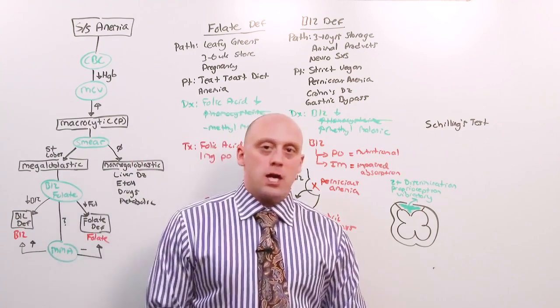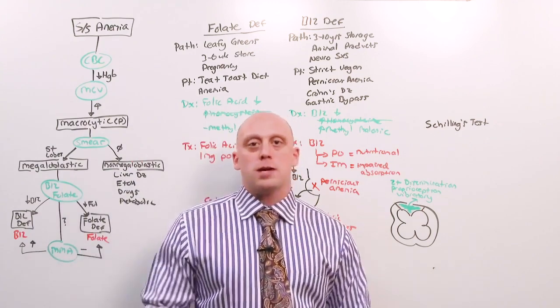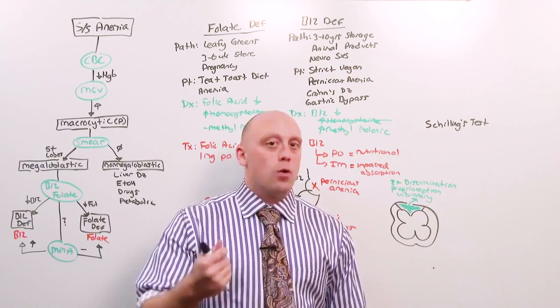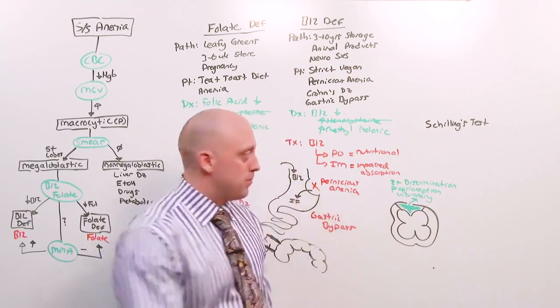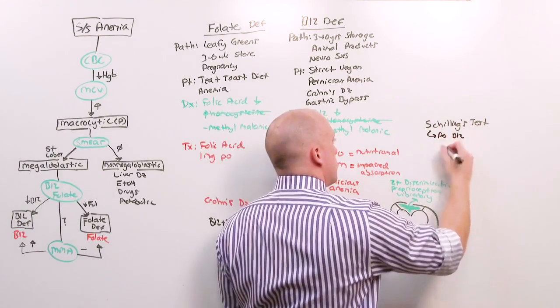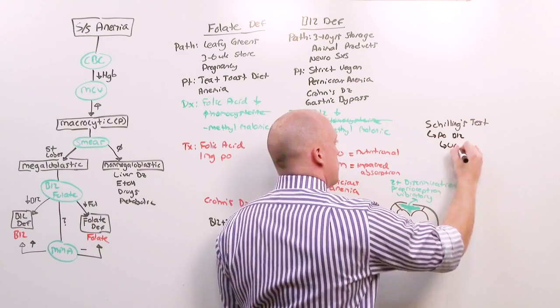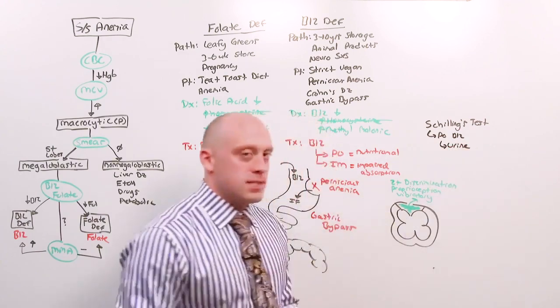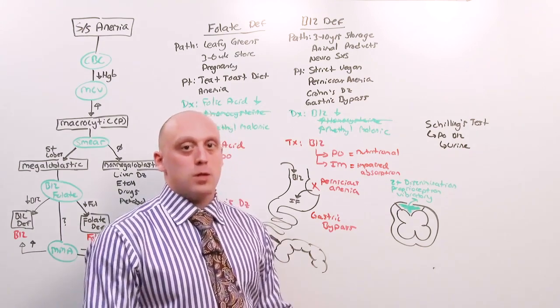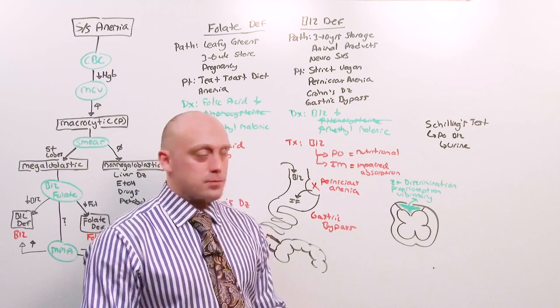You give someone an IM injection of B12. You saturate all the B12 in the liver. Then you give them oral B12. And you check their urine. Because it's saturated, any B12 ingested at this point will simply be peed out in the urine.